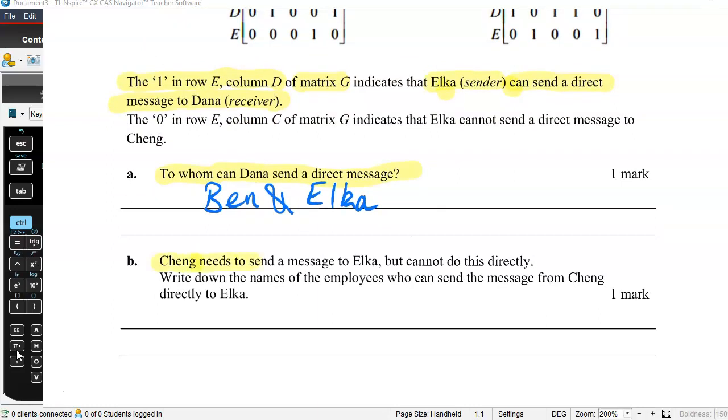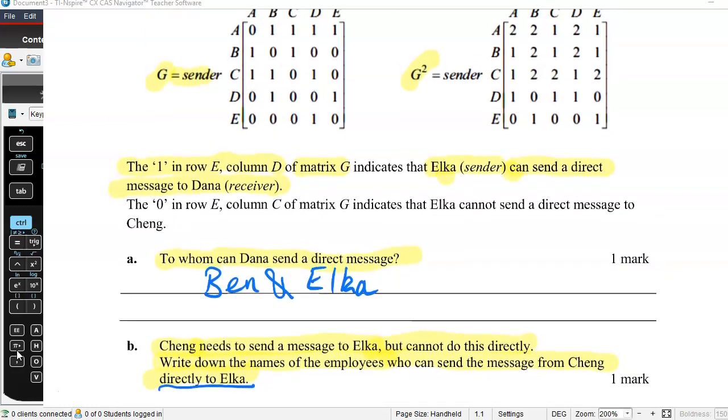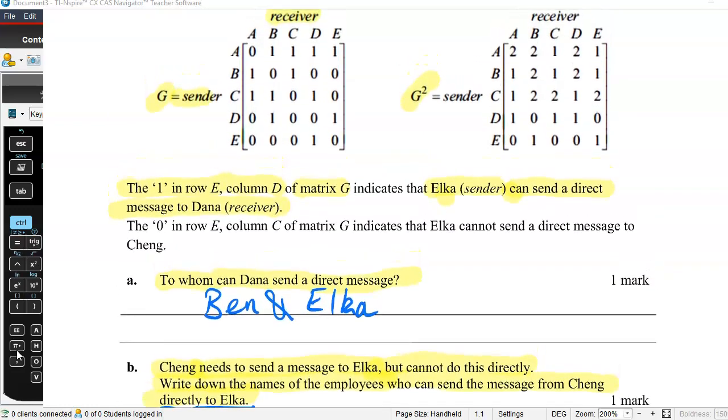Cheng needs to send a message to Elka but cannot do so directly. Write down the names of the employees who can send the message from Cheng directly to Elka. Directly to Elka. So, who can talk to Elka?